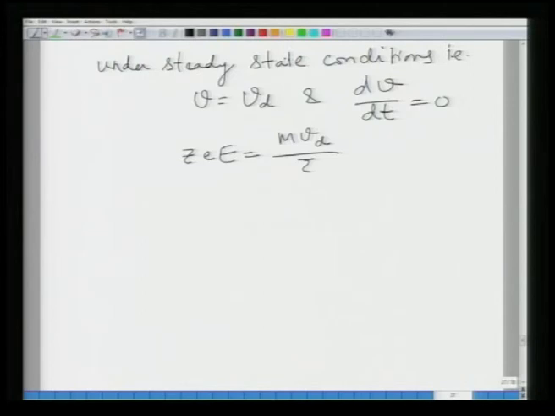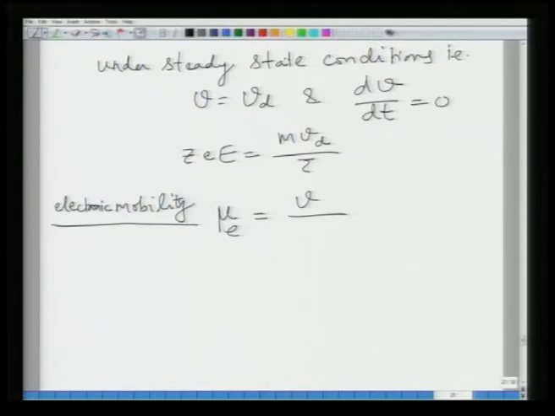And in such a situation, the mobility is defined as electronic mobility, mu_e, and this is defined as V_d divided by E. If you take V_d divided by E, this becomes equal to Ze tau divided by m.